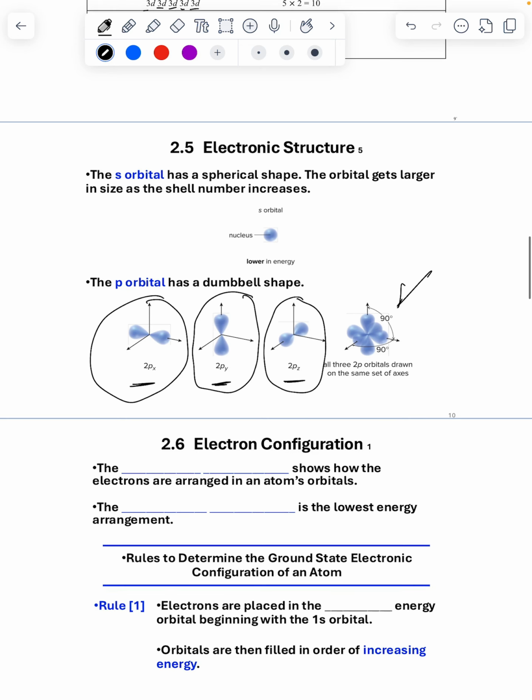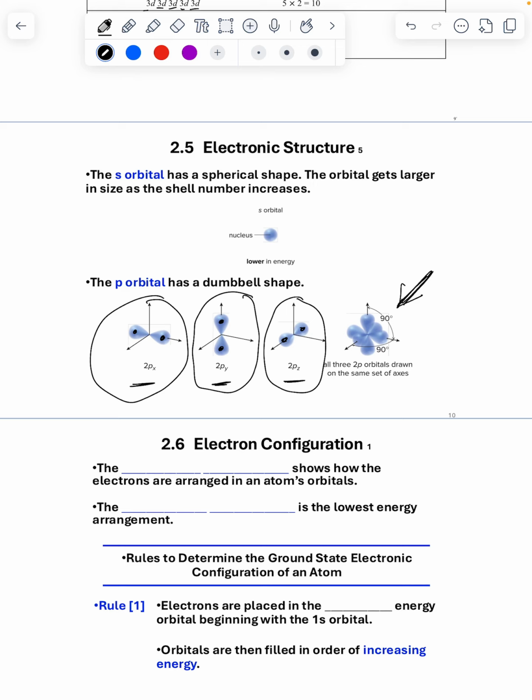Remember, each one of these orbitals can hold 2 electrons. So think of maybe an electron here, and there'd be an electron here, and maybe one here and here. That's a total of 6 electrons in those 3 p orbitals. The D and F sublevels also have different shapes, but they're complicated looking shapes and certainly hard to draw, so we'll just leave it at that for now.